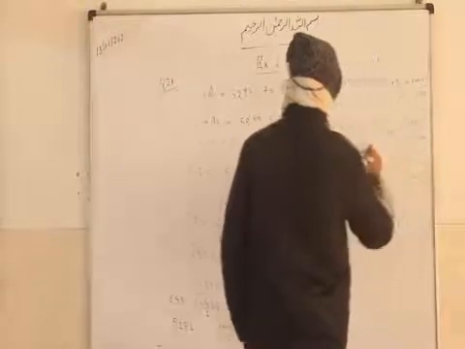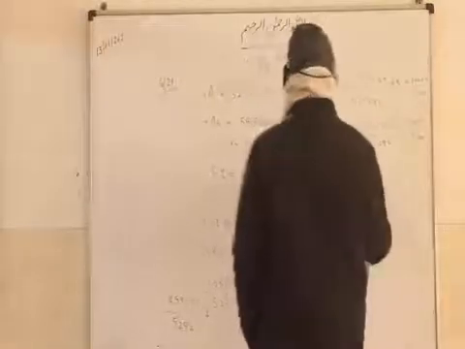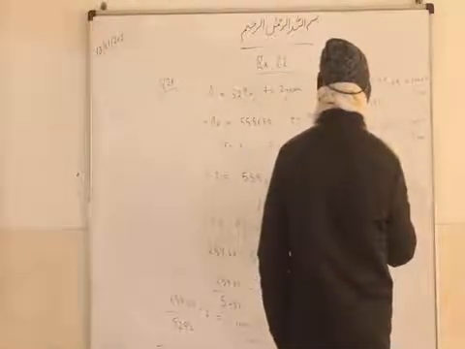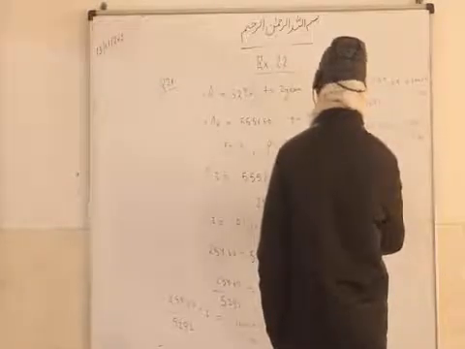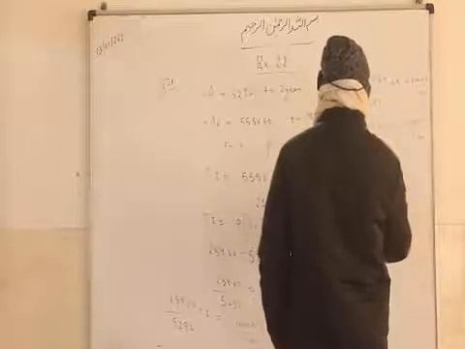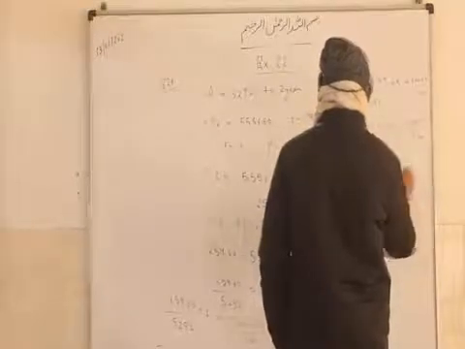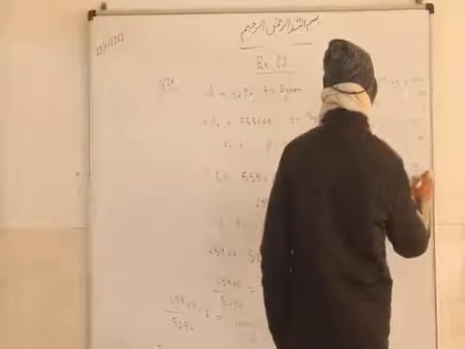This will be the third year amount, which was given before: 5556.60 divided by 5292 equals 100 plus r by 100.